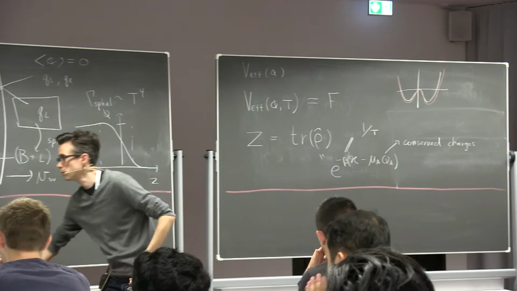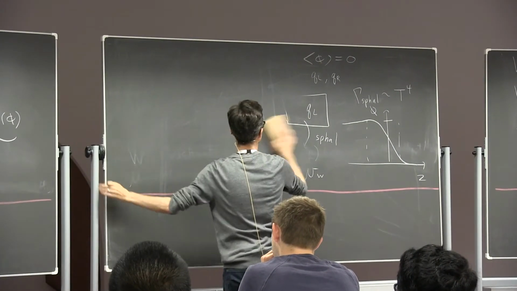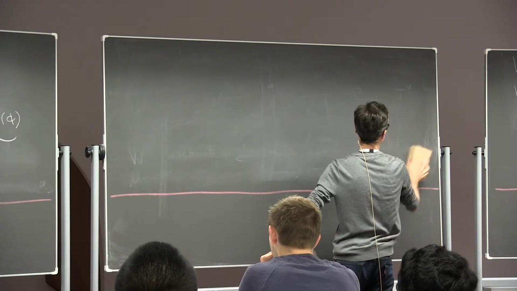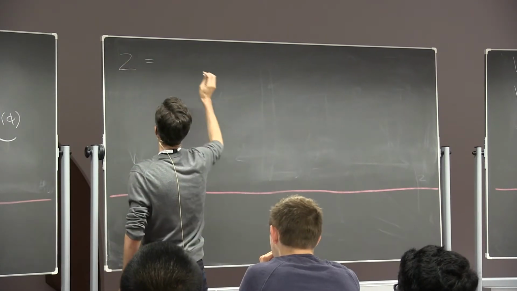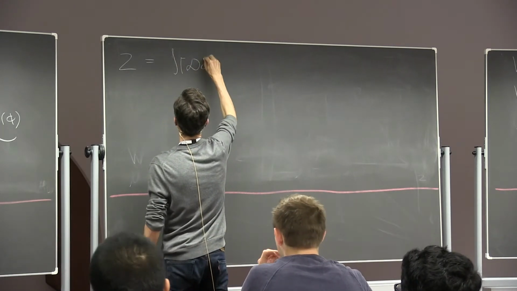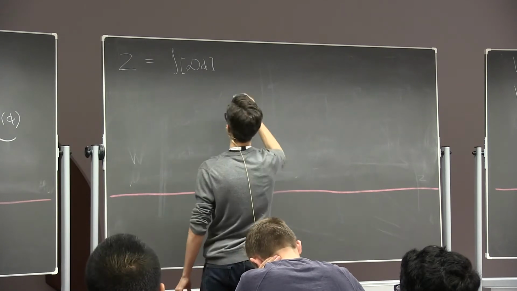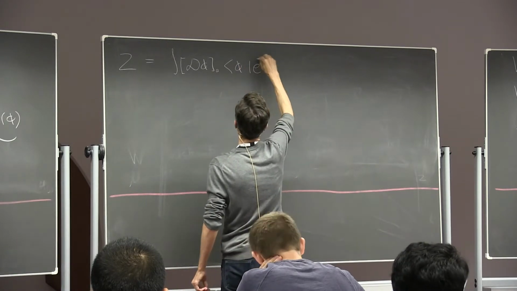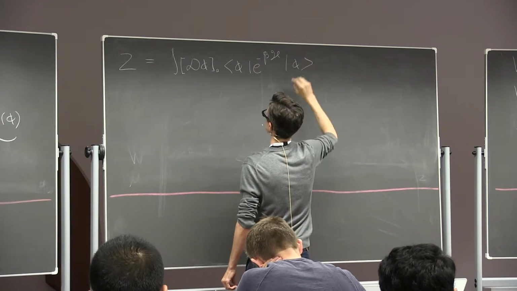So the thing I compute for my partition function is going to be essentially a sum over all configurations of phi, e to the minus beta H, phi.